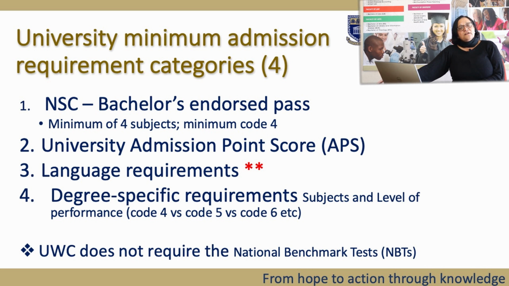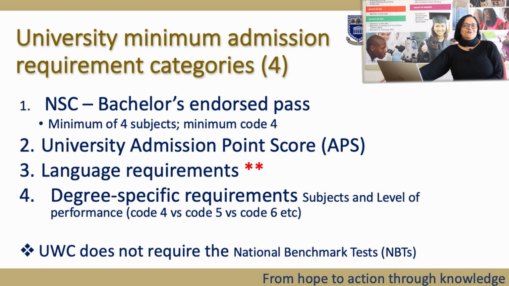Now, in the case of UWC, the language requirements are the same throughout, and that will be found in any brochure except for social work, the degree in social work. Theirs is slightly different, and I'll point that out to you when we get to that degree later on in this presentation. And the fourth category of requirement is what I call the degree-specific requirements.